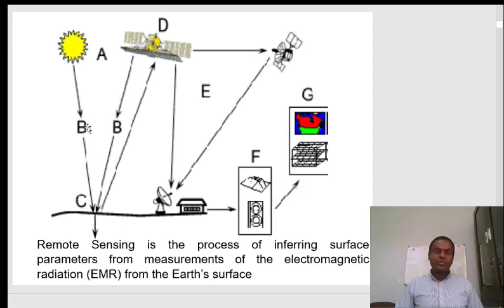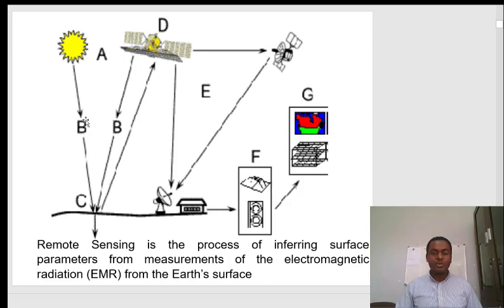When electromagnetic radiation passes through the atmosphere, it doesn't simply pass through, but it interacts with atmospheric particles. As a result of the interaction between electromagnetic radiation and atmospheric particles, there are different mechanisms of interaction.